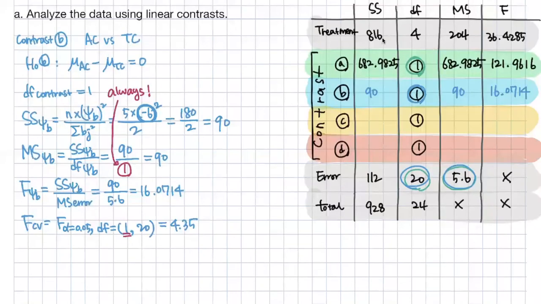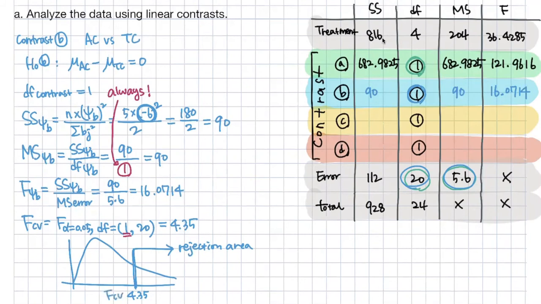So my critical value is 4.35. After this, we reject the null hypothesis. And my observed value is 16.0714. This is F critical, this is F observed.